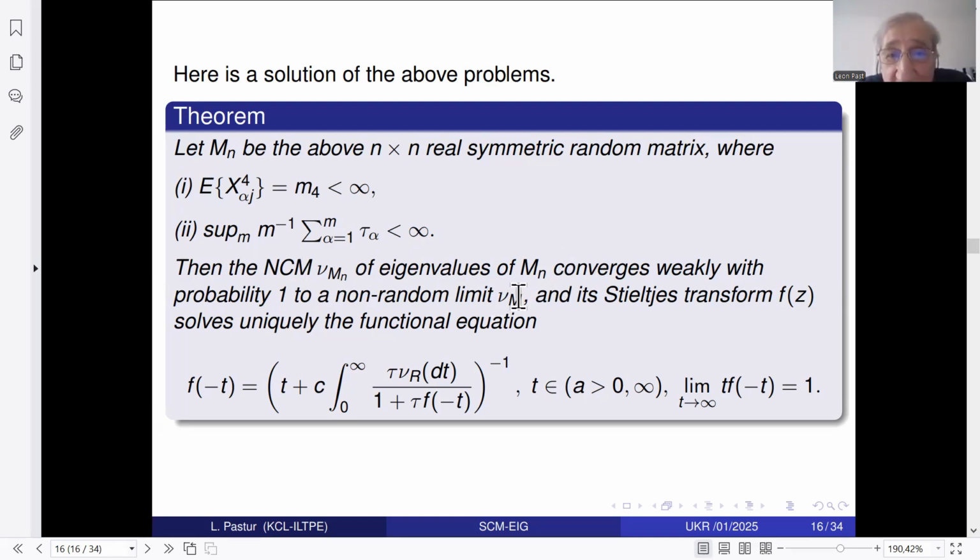The limit is not random, nu m. And if I write its Stieltjes transform f, then it satisfies this equation. It is a functional equation because f appears here and f appears here under the integral sign. So it is a nonlinear functional equation, but nevertheless it is okay.